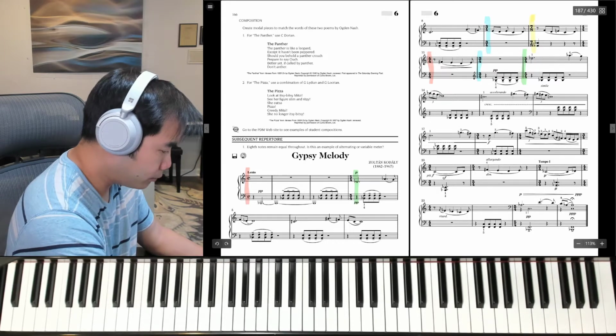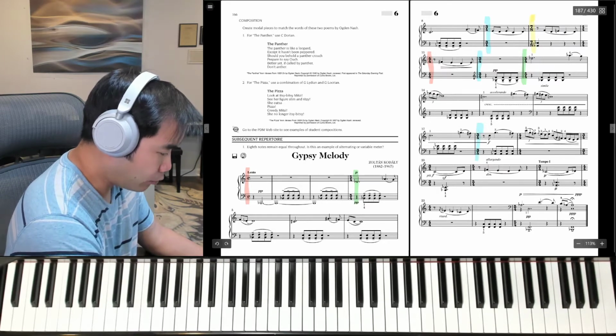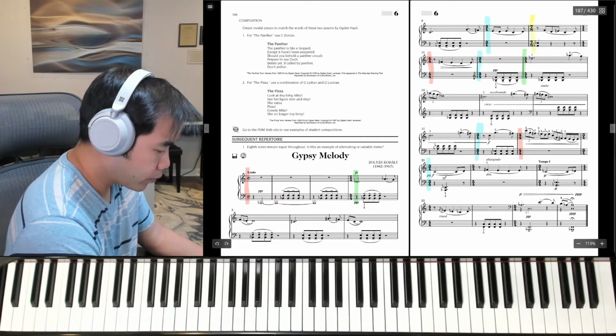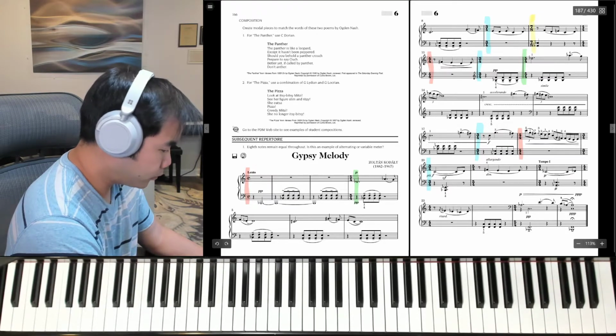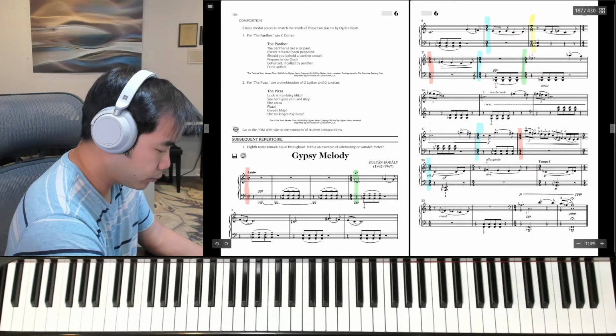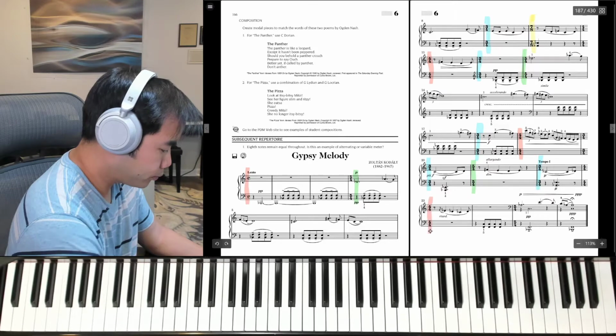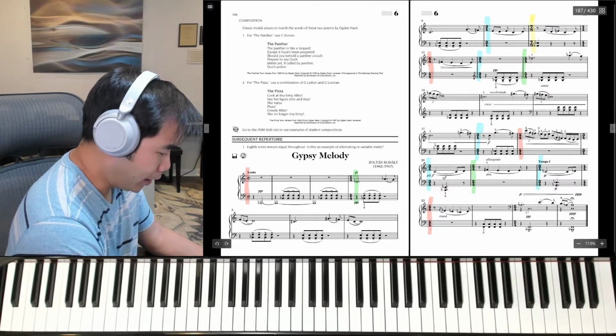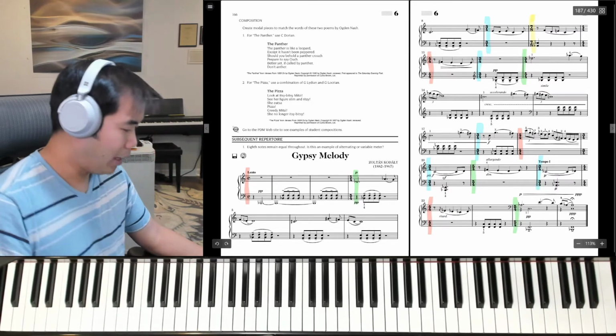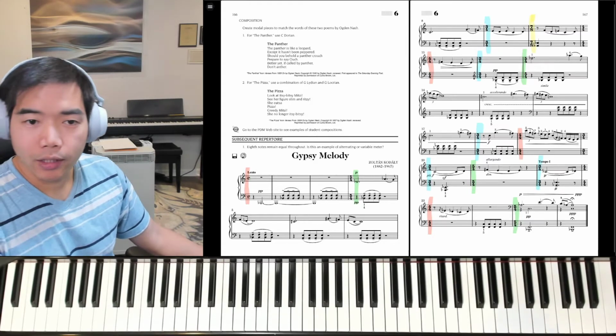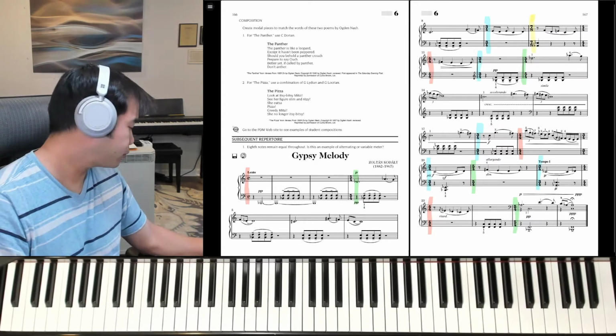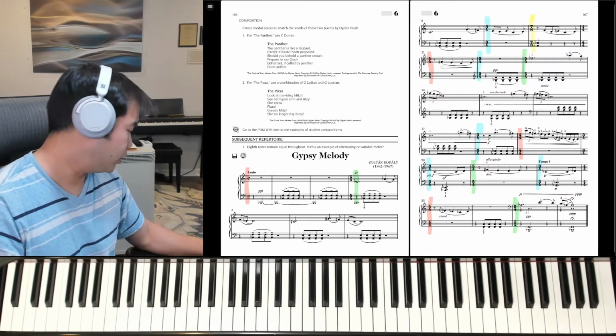Actually, here. And then we're back to 4/4 time. Then back to 3/4 time, 5/4 time, 3/4 time, 4/4 time, and back to 5/4. So there you have it. Lots of time signature changes.